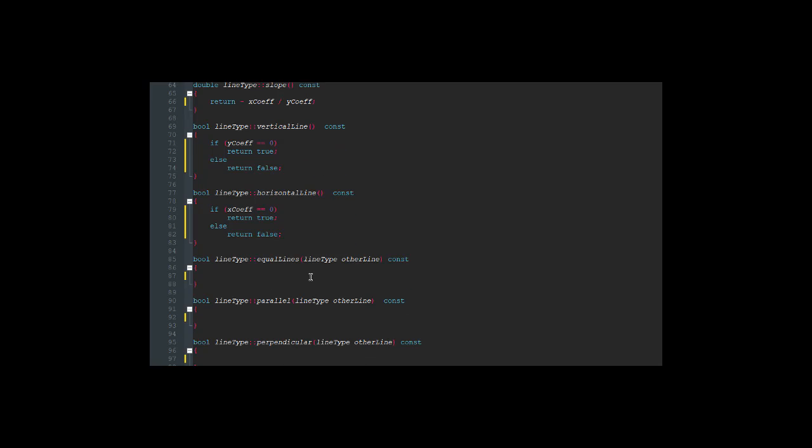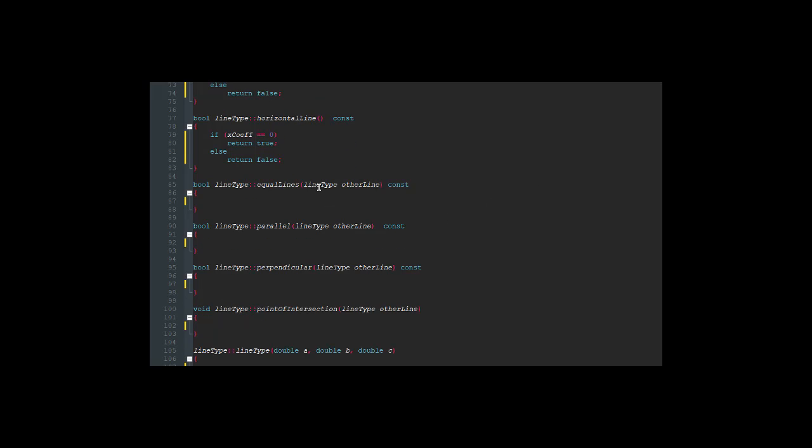So now we need to move on to equal lines. Equal lines is basically going to determine whether a line is equal or not. Okay? So, you plug in a line into the equation. You need to plug in another line in order to see if the current class you're running this on is equal to the other line.